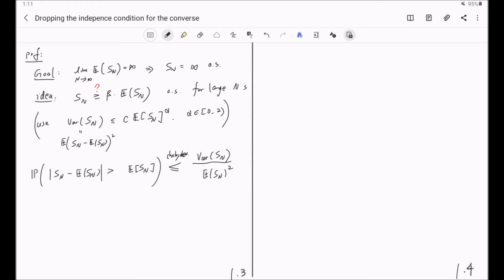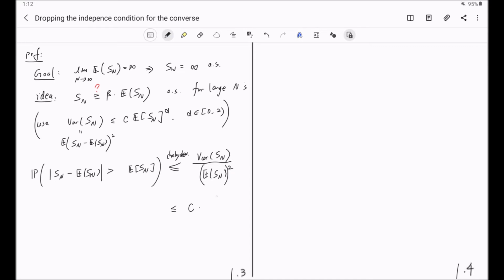So I should emphasize this is a square over the whole expectation. And now you can use this hypothesis. You can conclude that this guy will be less than or equal to C times this guy raised to power alpha. Here's the power of 2.